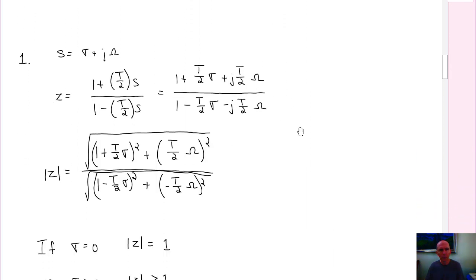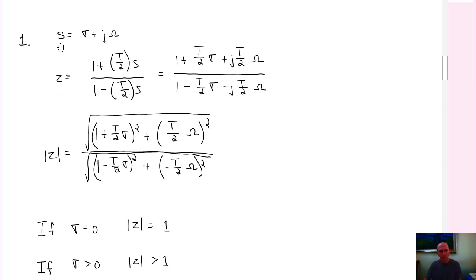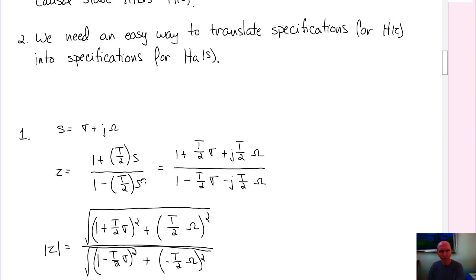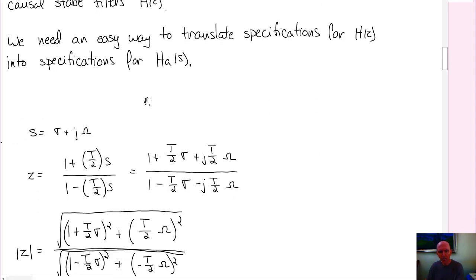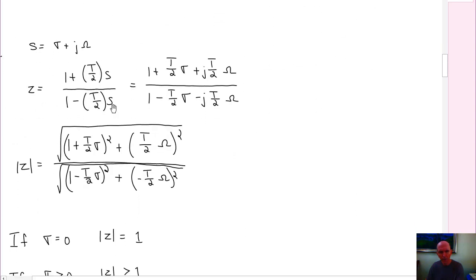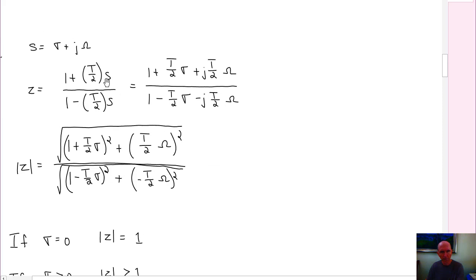First of all, s can be written in rectangular form, real and imaginary part. If we take the bilinear transformation and turn it around, the bilinear transformation as it's written here is s in terms of z. But if I solve for z in that equation, we get this. And so if we write s as real and imaginary part, s = sigma + j omega, we would get this thing here.